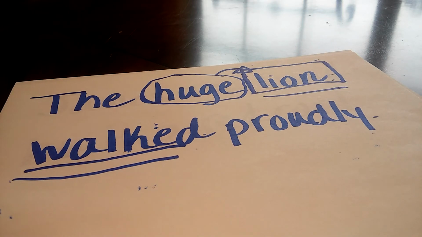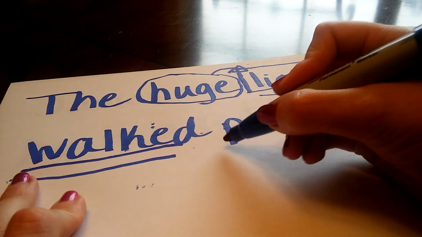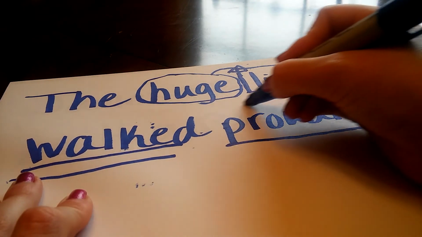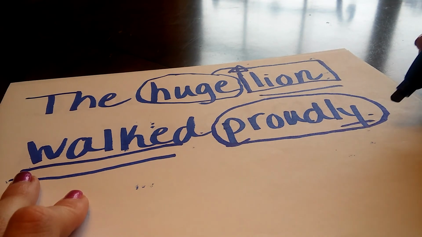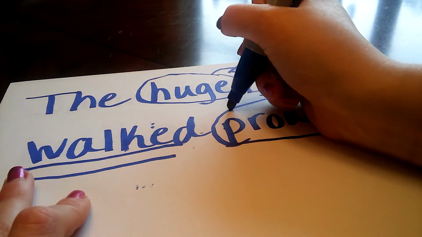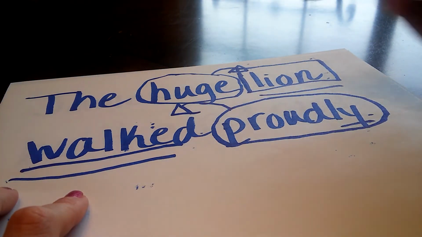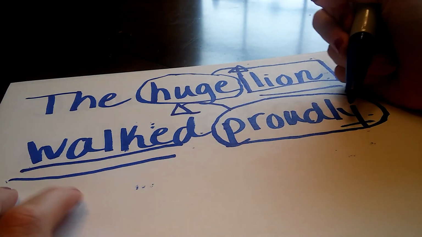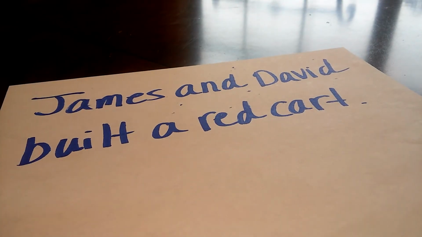So, we're going to find our verb, which is walked, and we're going to say walked how? And the answer is proudly. So proudly, you will notice, has ly. Remember, when we're looking for adverbs, you can look and see if there's any words that have ly, and that can help you. And then you're going to draw an arrow pointing back to walked. He walked proudly.